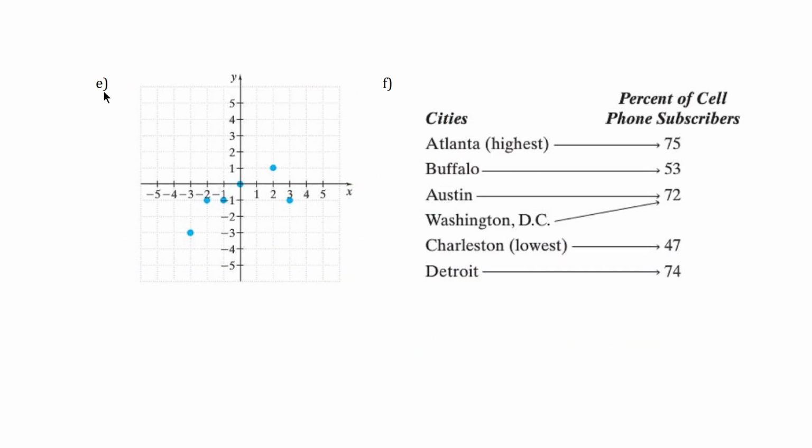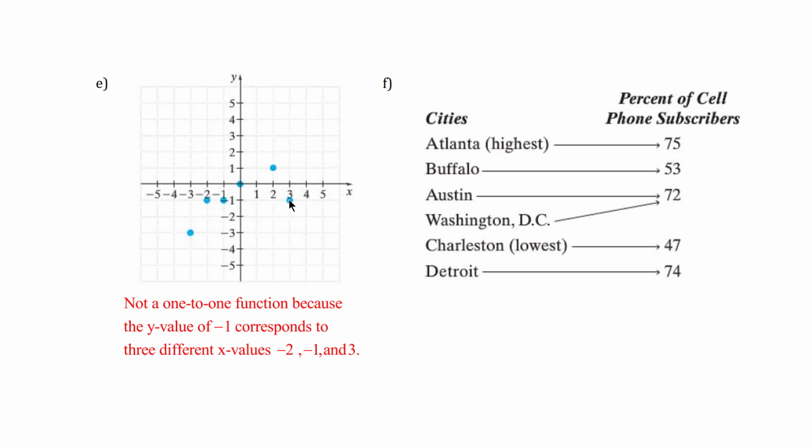For part E, we have a graph with several points plotted. We have one point at (-3, -3). We have another point at (-2, -1), another point at (-1, -1), another point at (0, 0). We have a point at (2, 1), and one more point at (3, -1). This graph of points would not represent a one-to-one function.